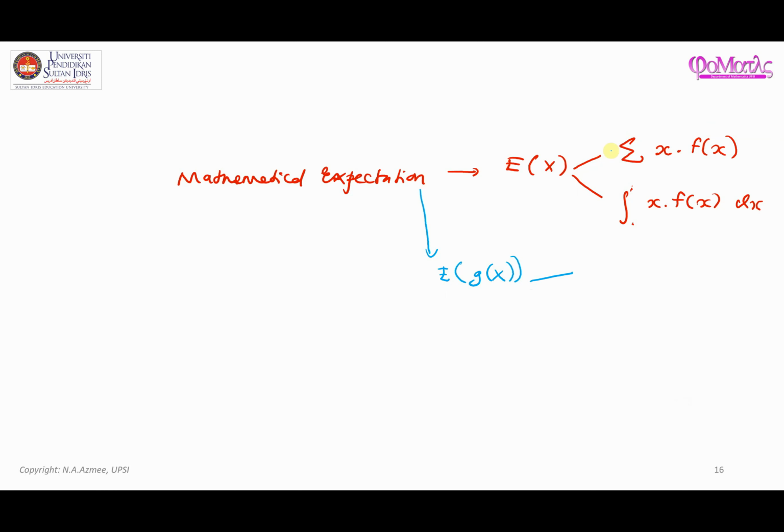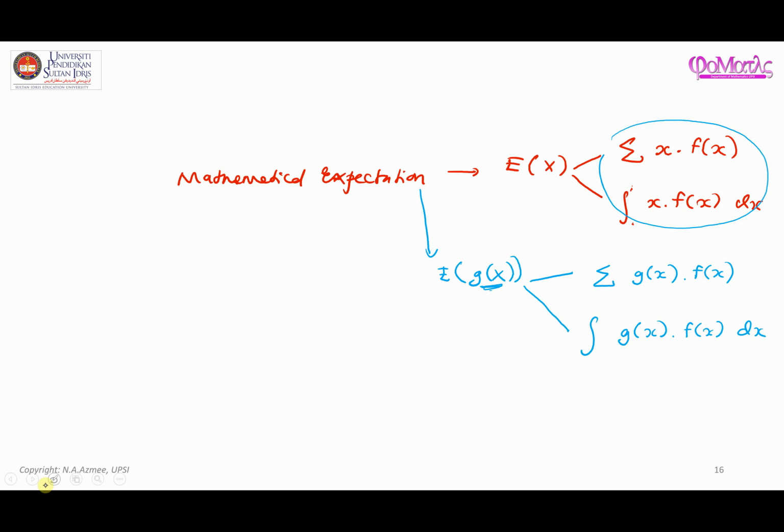Instead of x, we're going to have the summation of gx, which is this function, multiplied with fx. That's the process for a discrete case. And if you have a continuous case, you will be dealing with integration, and here we will have the same expression, which is gx times fx. So that is what we have seen in the previous video.